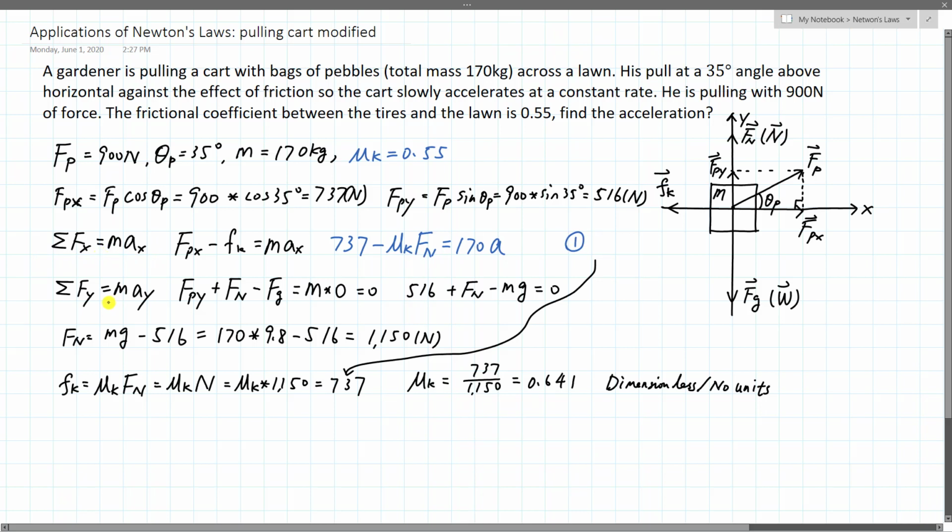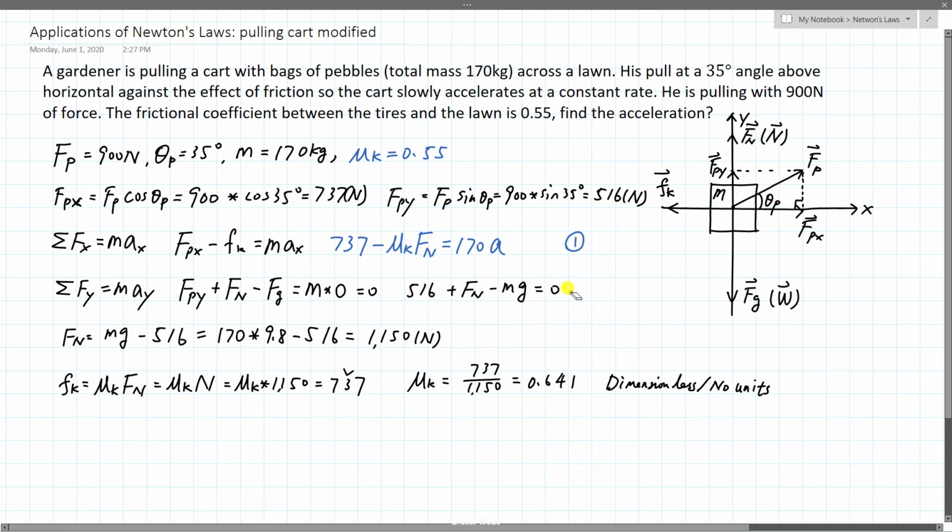And now we have the y direction. Let's see what happens in the y. In the y direction, there is no change because there's literally no change in the formulation. Although things may have changed in magnitude, these two forces are still up, and this force is still down. Even if I change the mass or how hard the gardener was pulling, this exact formulation doesn't change. And there's still no acceleration in the y direction. So we still have the same exact thing right here.